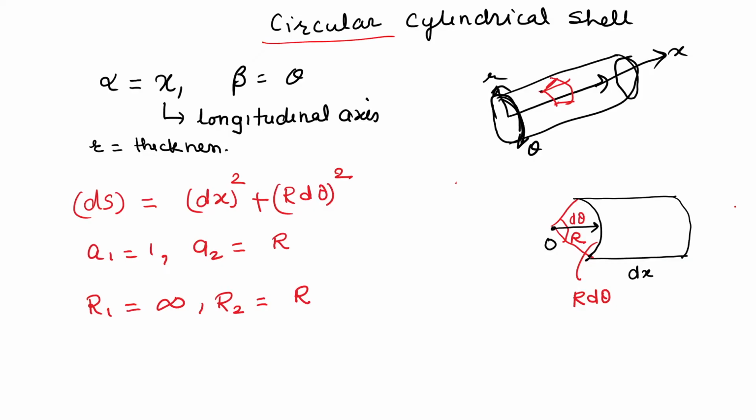Because in shell theories, you may have a number of cylinders with different cross-sections, like it may be circular, sometimes oval or elliptical. So, you will have different A1 and A2 for that. So, the very simplest case is the circular cylindrical shell, and in most of the literature or the books, they have covered that.